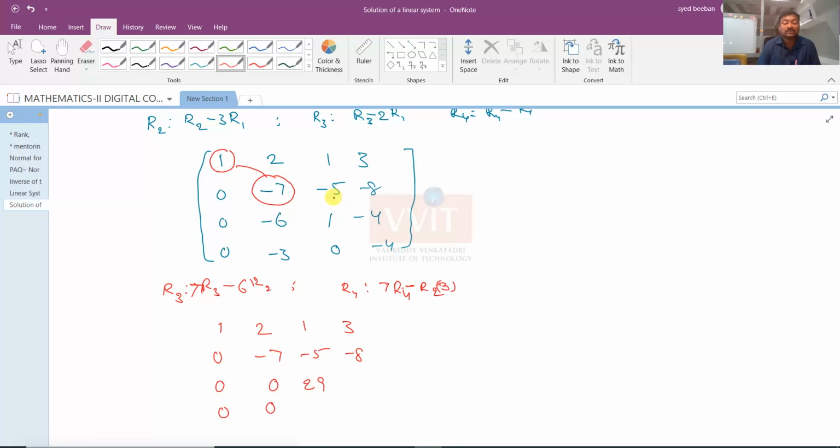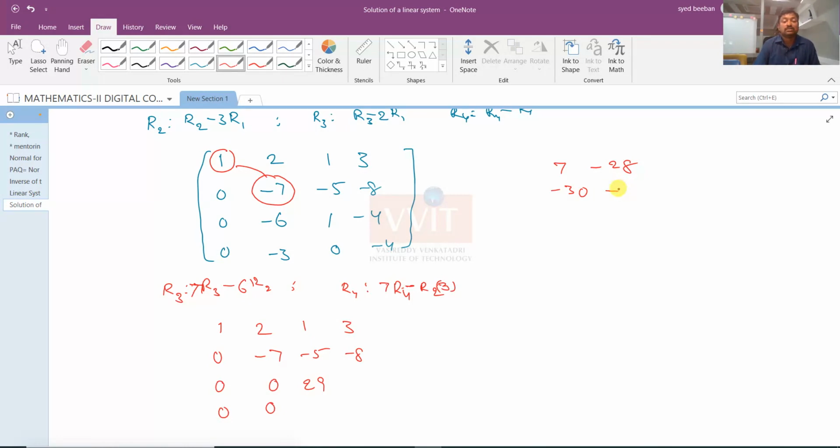Sorry, minus. If you get confused, simple logic: R3 is multiplying with 7, so 7 times minus 4 is minus 28. R2 with the 6, 6 R2, so we'll get here minus 30.